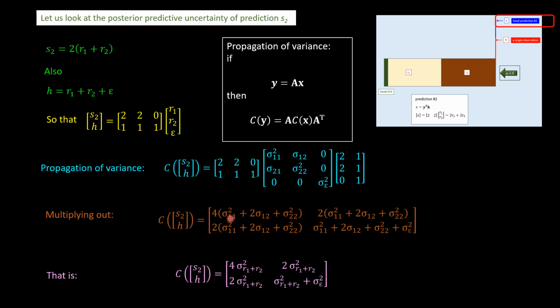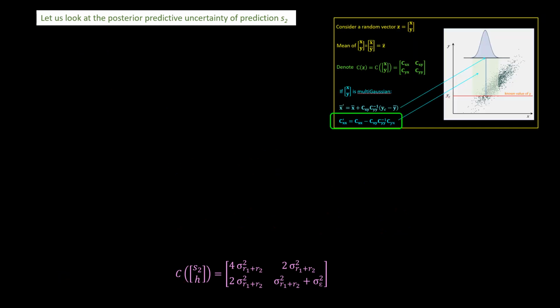Simplify a little, recognizing that this sum here is equal to the variance of the sum of the two resistances, and we have a simple expression for the covariance between H and S2. Using this covariance matrix gives us the ability to apply the conditioning equations we saw before.